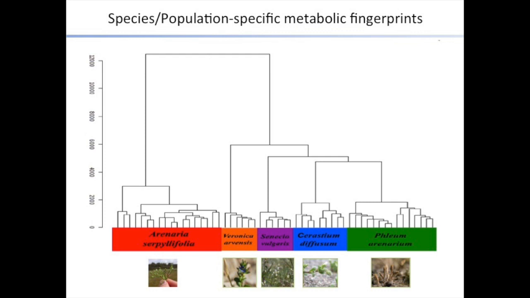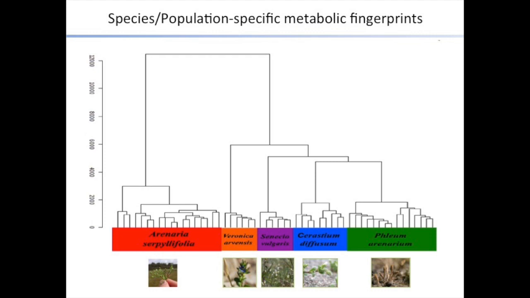Hopefully it was a yes, and we can see this in her metabolic fingerprinting work here. That's quite nice. And the other message is, within some of these species, you can actually start to see population differentiation. Some of these might be associated with plants growing in the UK, some of them in France, and so on.